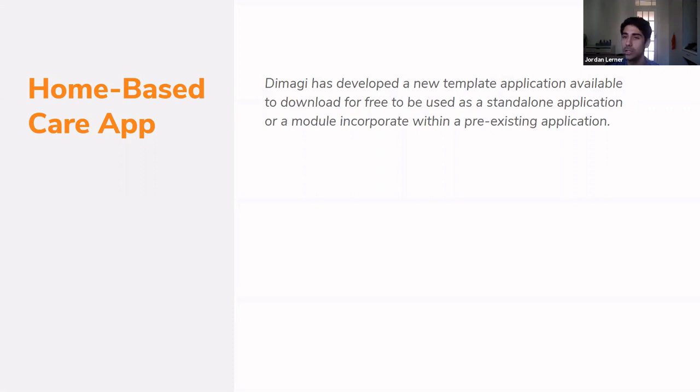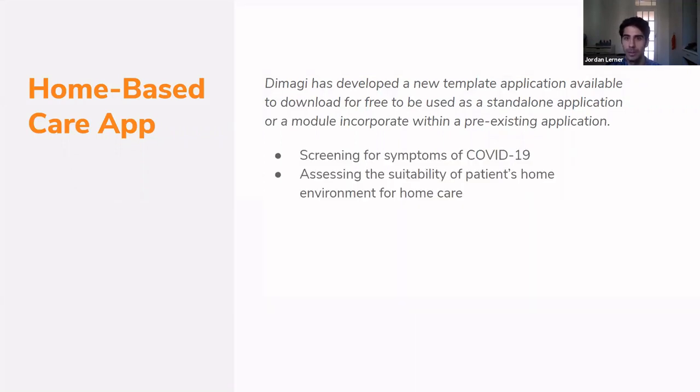So the application was designed to digitize workflows described by the CORE Group in their reference guide for home-based care for COVID-19. It includes symptom screening workflows. It helps walk the CHW through an assessment of the patient's home environment to see if they are a good candidate for home-based care.